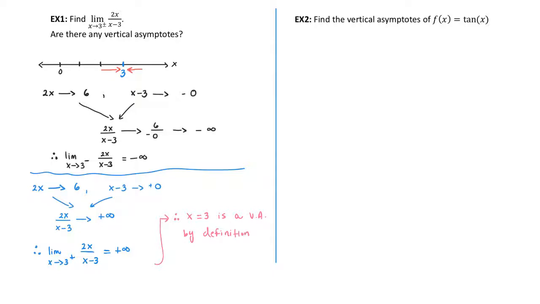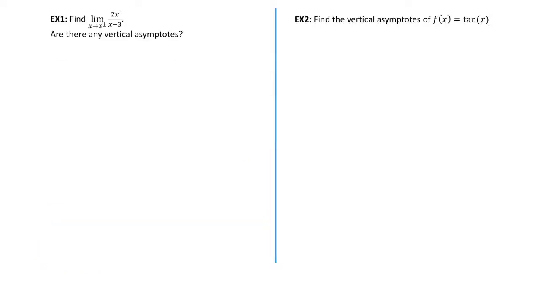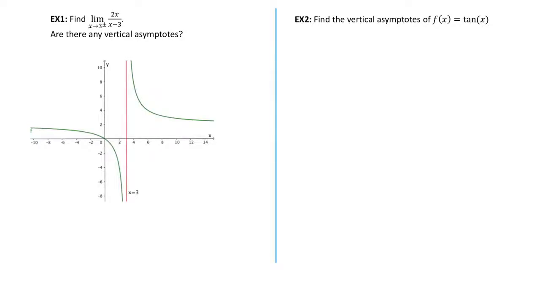Please remember, however, that all that we need is for one of the one-sided limits to exhibit an infinite behavior, and that alone declares the vertical line a vertical asymptote. When you actually get to sketch the graph of this function, so we can see it right here, you really notice that as x approaches 3, if you notice right here is where x is equal to 3.